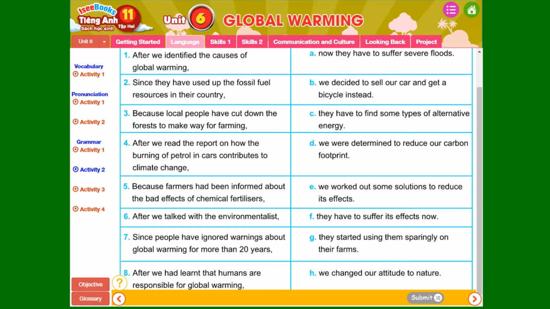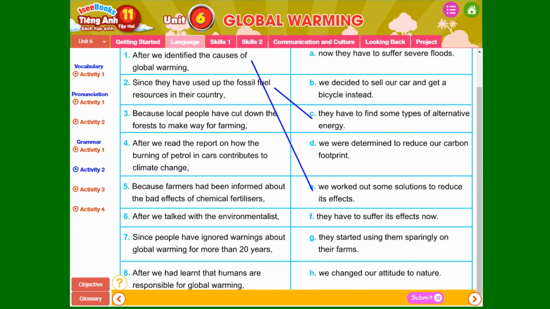Now, first one, after we identified the causes of global warming, so we match with E, we work out some solutions to reduce its effects. 2. Since they have used up the fossil fuel resources in their country, so number 2, we match with C, we have to find some type of alternative energy. 3.